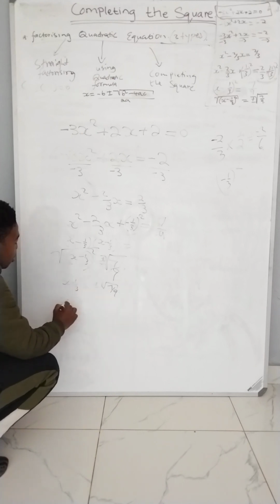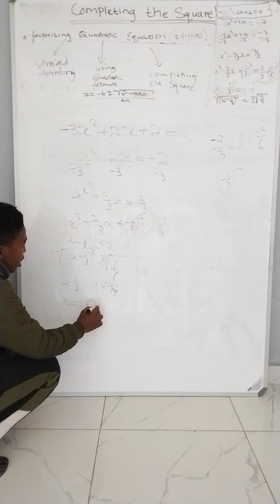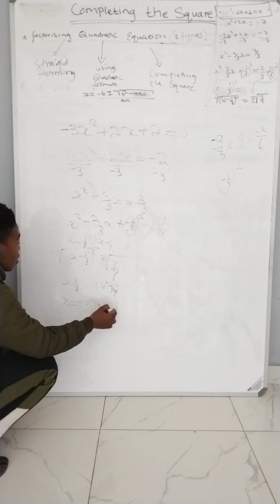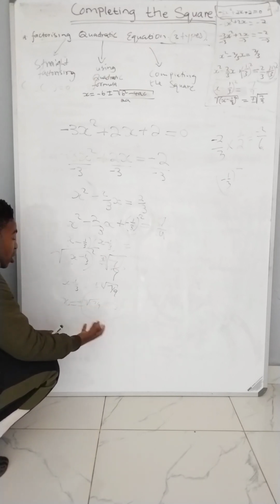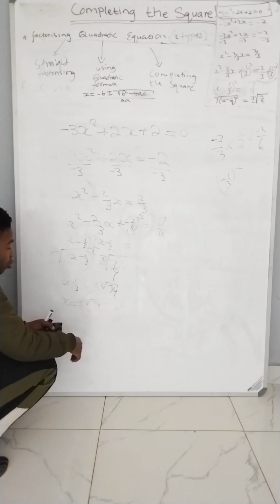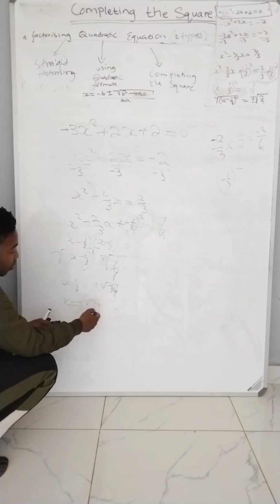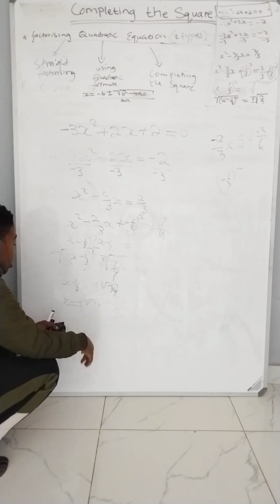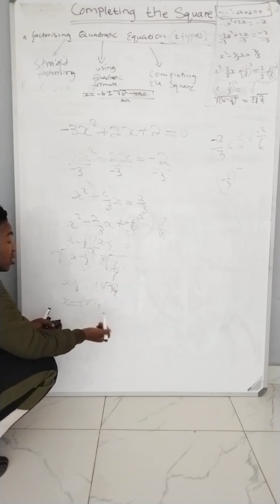So you will remain with x is equal to plus or minus the square root of 7/9 plus, because it's negative, it's going to be plus on this side, 1/3. You can plug this into a calculator, or we can do it manually, because you will have the square root of 7 over the square root of 9, which is the square root of 7 over 3, because 9 is 3 squared.